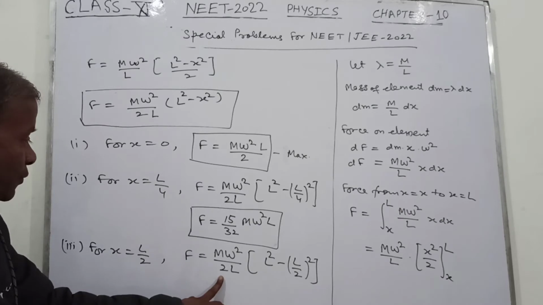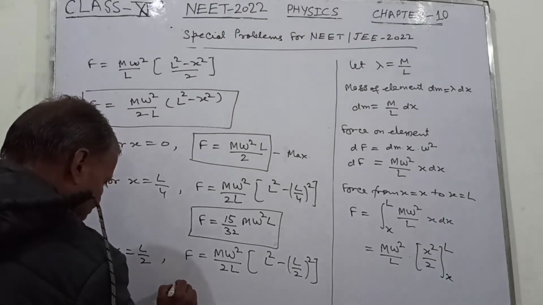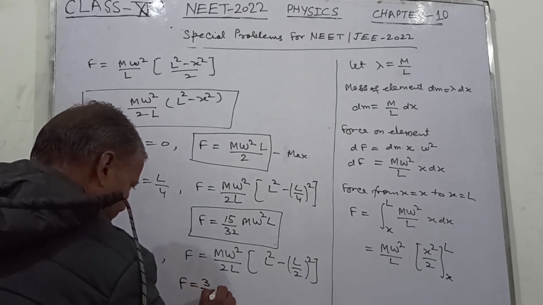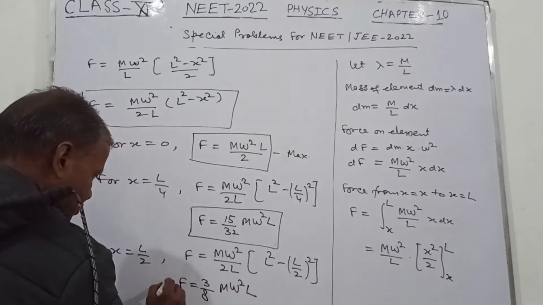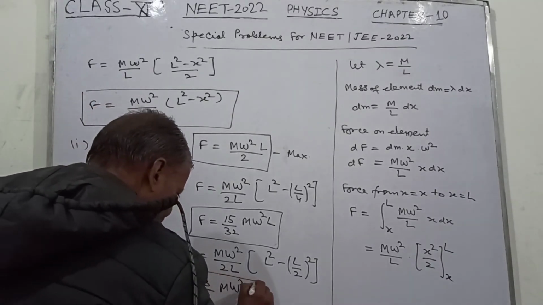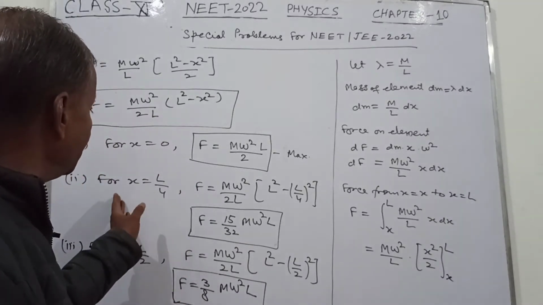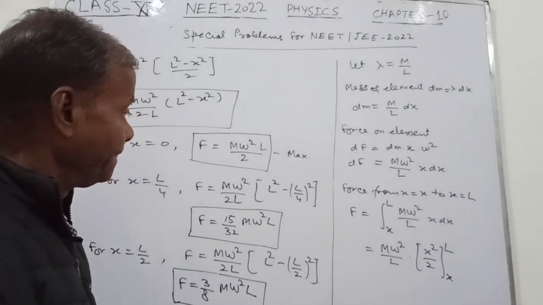So 4 times 2 is 8. So F equals 3 upon 8 m omega square L. So we are looking that as the distance is being increased, the force is decreasing.